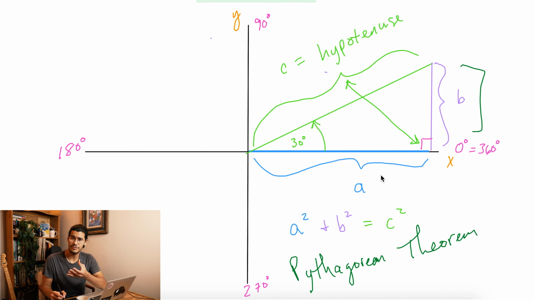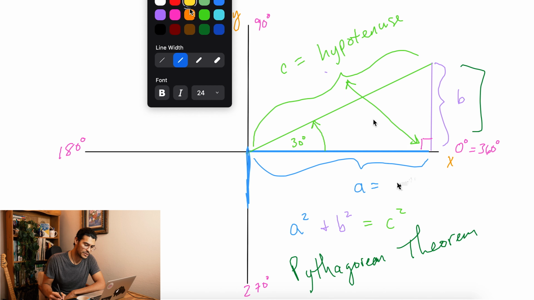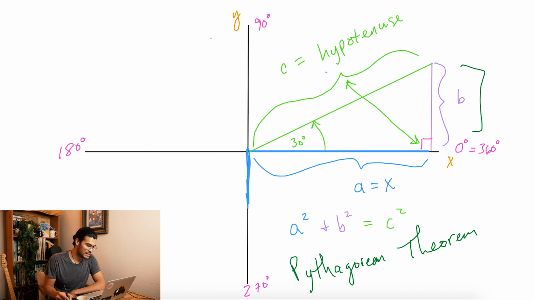It's helpful to call the sides of a triangle A, B, and C if this triangle was just floating in space. The reason why we want this on the XY grid is because now we can say, oh, the length of this side A also corresponds to the length from 0 on the x-axis to whatever x coordinate this is here. So another way you may see A represented is that we may call A x. Okay? Now that's a similar idea over here to this vertical side.